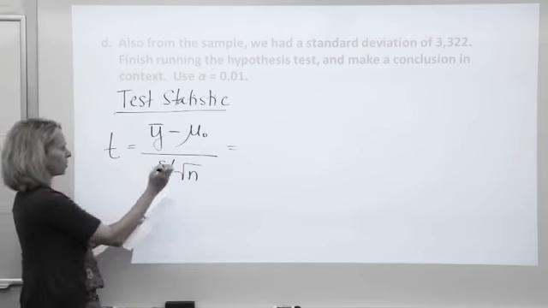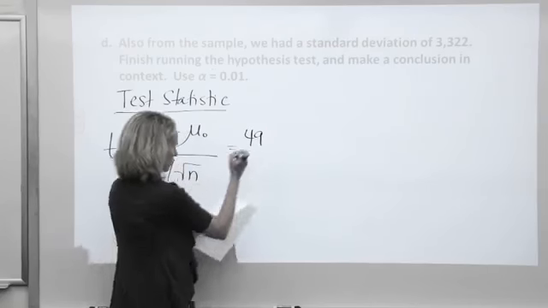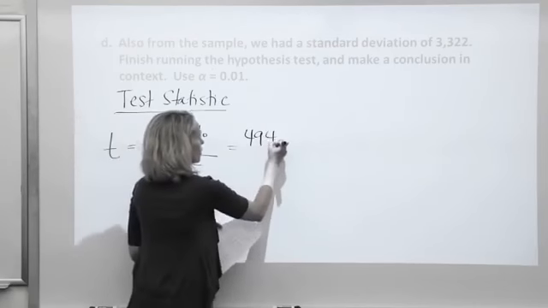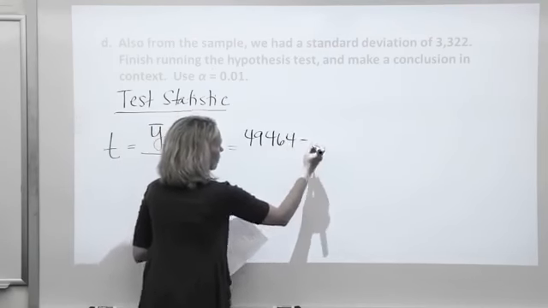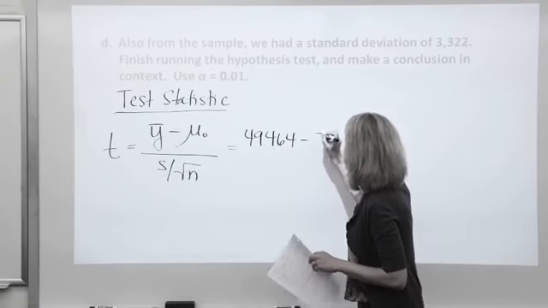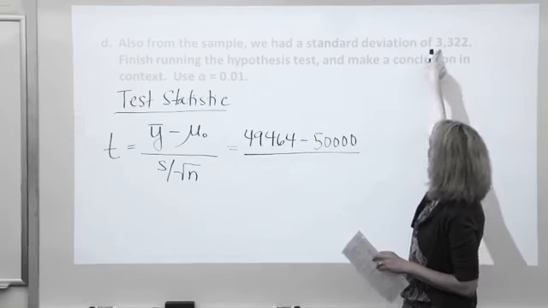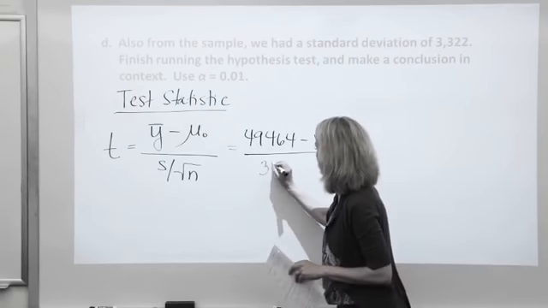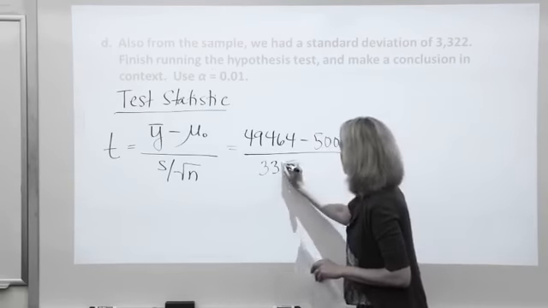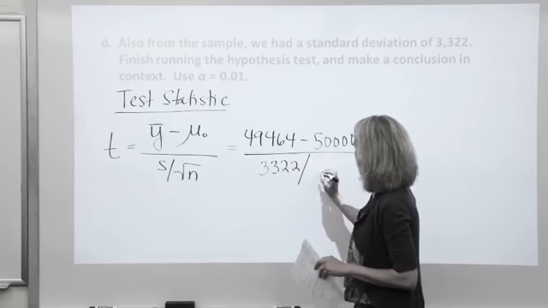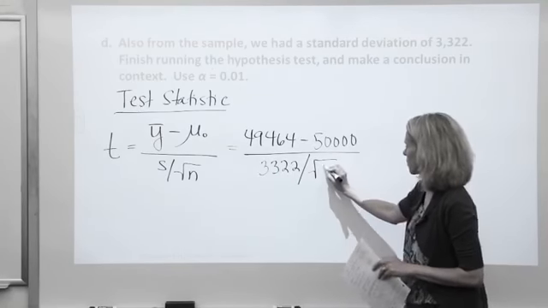So in our sample, the tires lasted 49,464 miles. Our hypothesized average is 50,000 miles. The standard deviation is 3,322 miles, divided by, we took a sample of 20 tires.